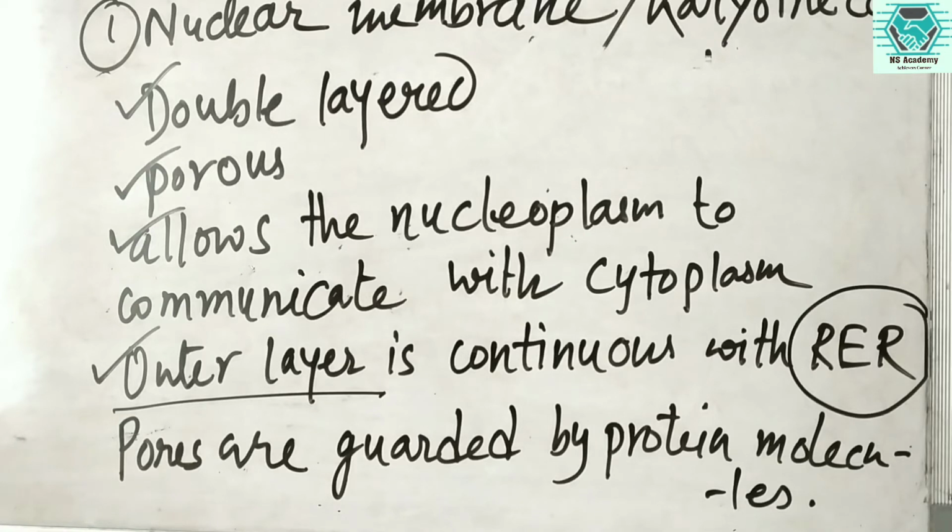So the mRNA which comes out through the pores of the nuclear membrane attaches with the ribosomes and helps in protein synthesis. The nuclear pores are guarded by protein molecules. When we see the diagram of the nucleus, we find how the pores are situated in the double layered membrane, and how these pores allow the nucleoplasm as well as the mRNA to come out or to communicate.